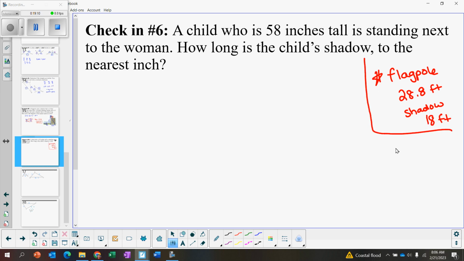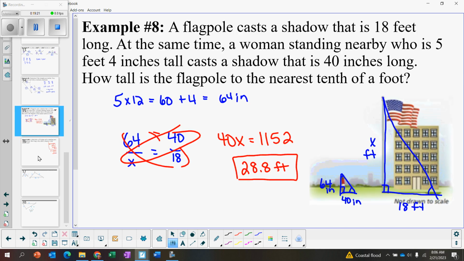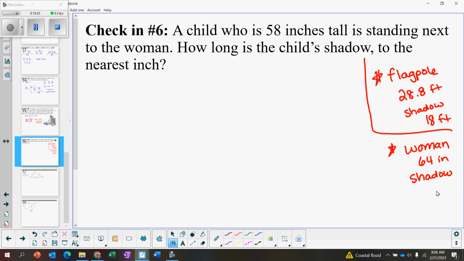Also, the woman was 64 inches, and her shadow was 40 inches. You could use either of those to now find the length of the child's shadow when the child is 58 inches tall. Pause when you're ready to see the answer, hit play.